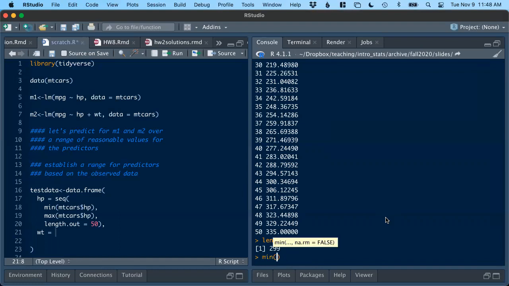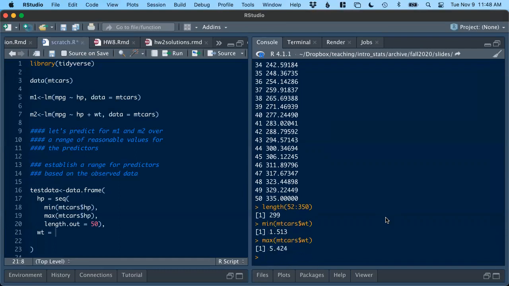Now, what's the minimum value for weights? Let's see. mtcars weights, it's 1.5. And the maximum is 5.4. So if I were to do the same thing for weight by going step by 1, these are really different units of measurement. If I step from like 1 to 6, I only get 6 values, right?